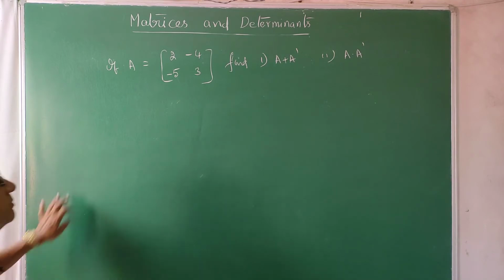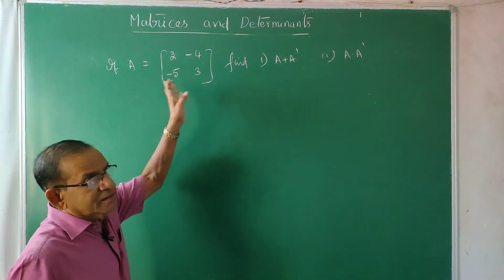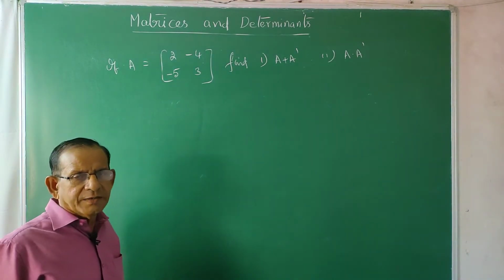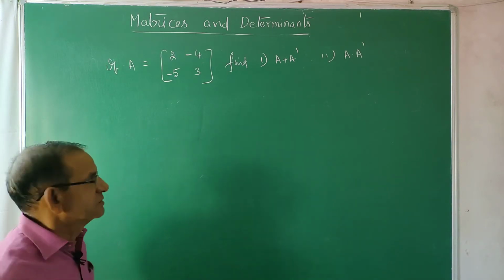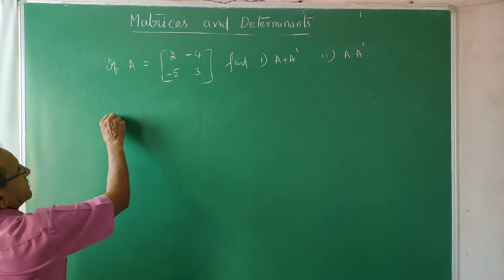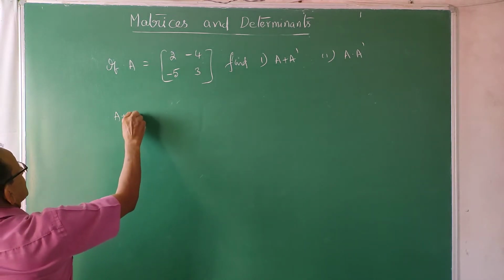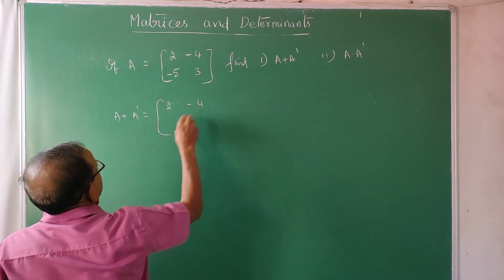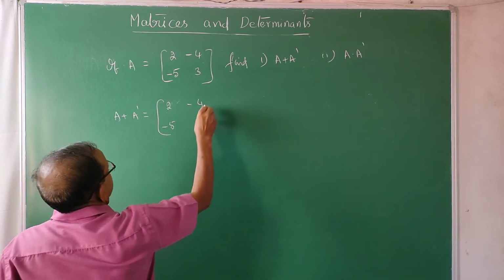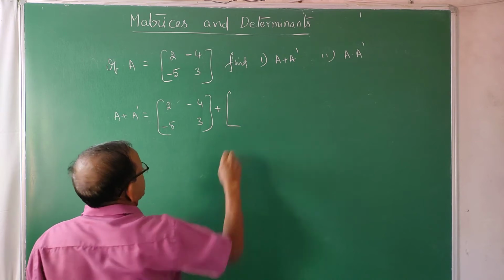Now, a matrix A is given like this. We have to find out A plus A dash, that is A transpose, and A into A transpose. First of all, let us take A plus A transpose. A is this one, 2, minus 4, minus 5, 3, plus A transpose.